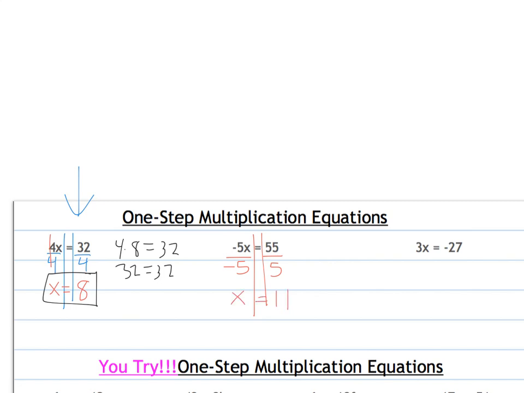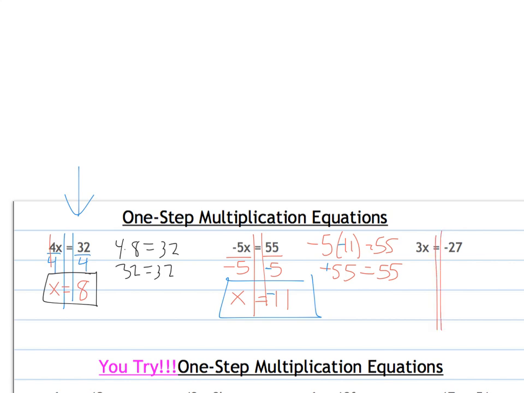But if I plug 11 back in and I check, a negative times a positive is a negative, -55 and 55 are not equal. So that would tell me that I made a mistake, and I should go back and look. Oh, I see that I forgot to do the negative here. That might have triggered me to say positive divided by negative is a negative. Had I plugged that in, my solution would make more sense. So be careful with those.